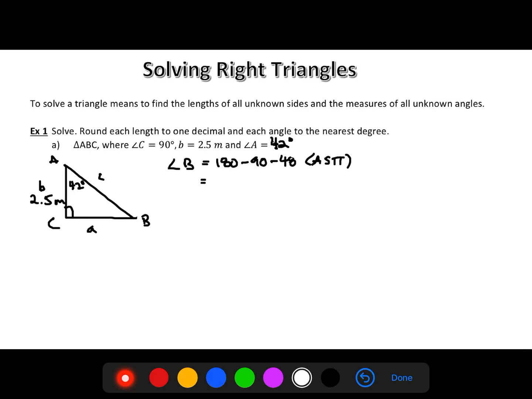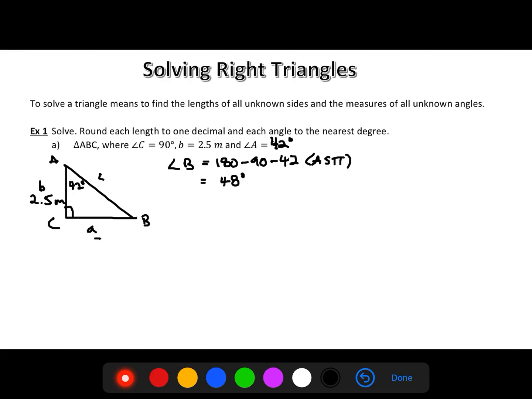And we called this ASTT, angle sum of a triangle theorem. So that's the reason that we know this. We're subtracting our 42, which means that angle B is 48 degrees.